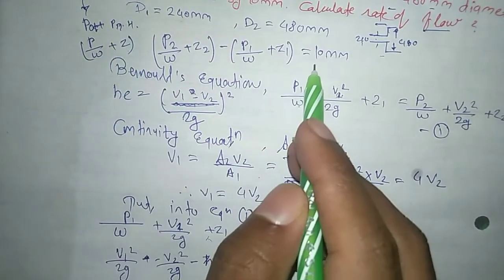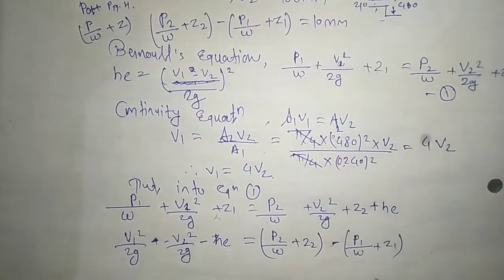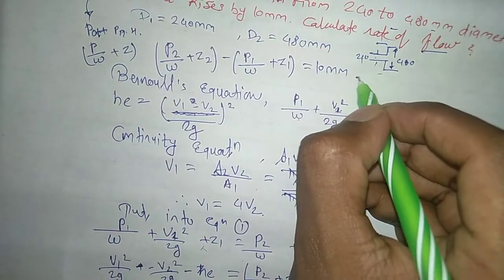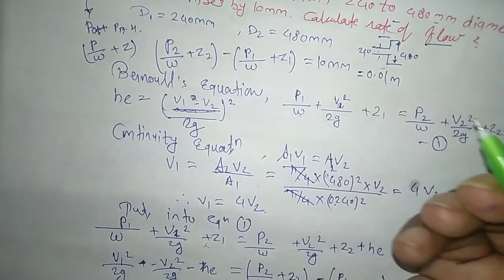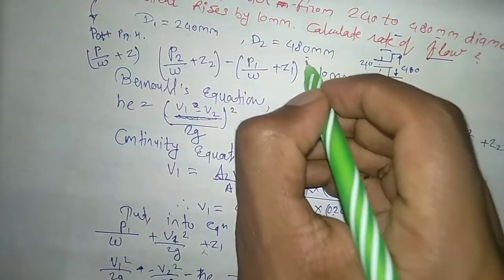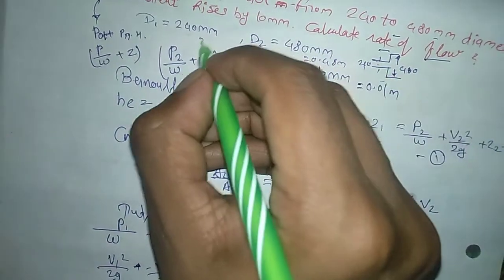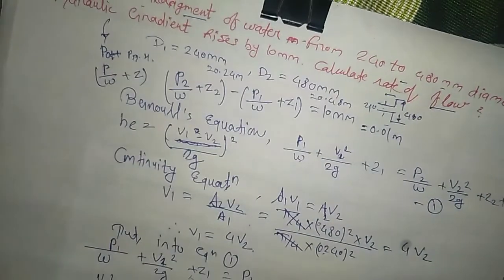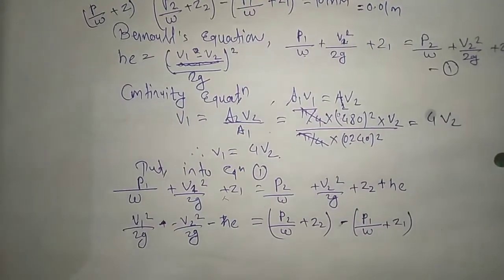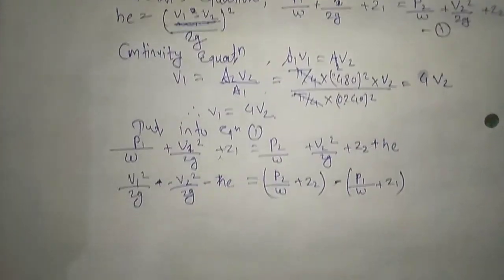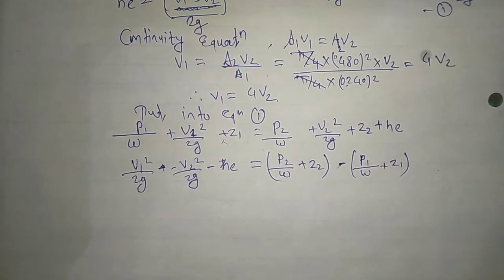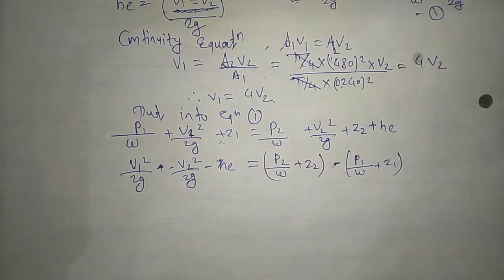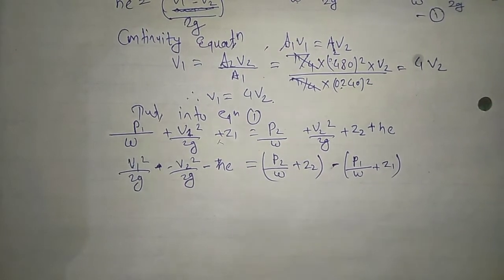The hydraulic gradient rise is 10 mm, so we can put this value directly. 10 mm means 0.01 meter, and the diameters are 0.48 meter and 0.24 meter. A small correction: you have to consider all measurements of diameter and length in meters in hydraulics or fluid mechanics.